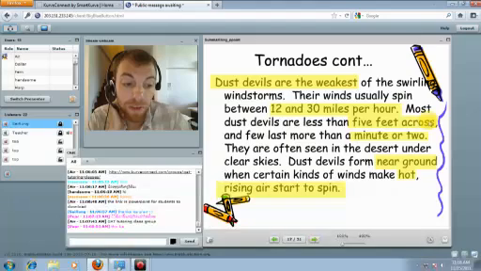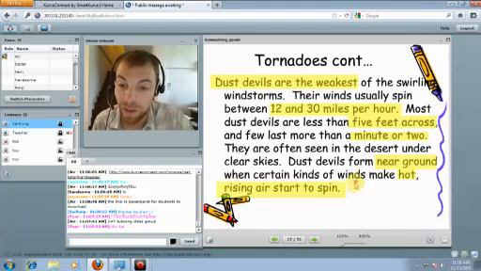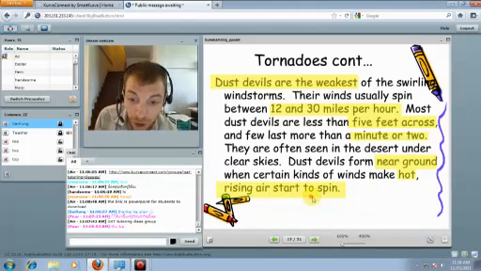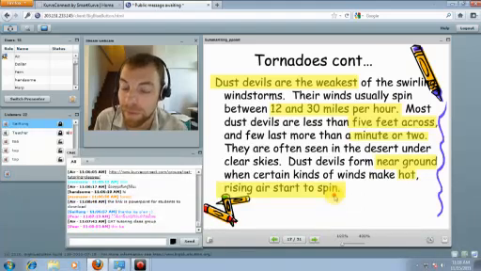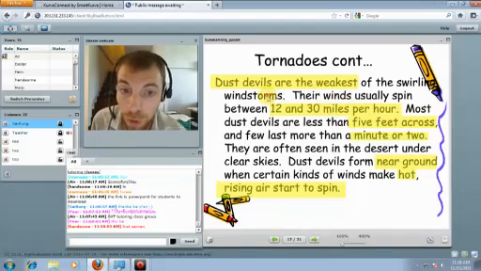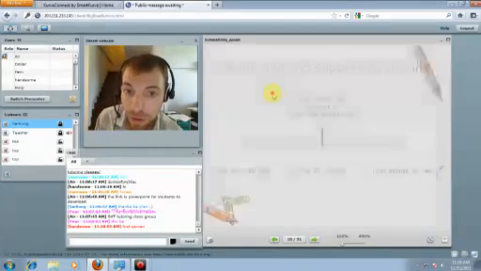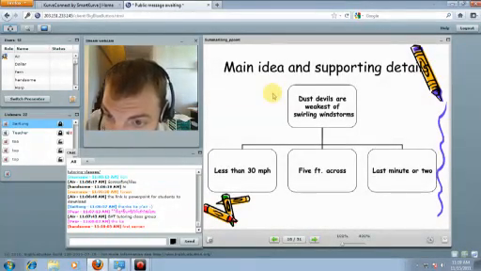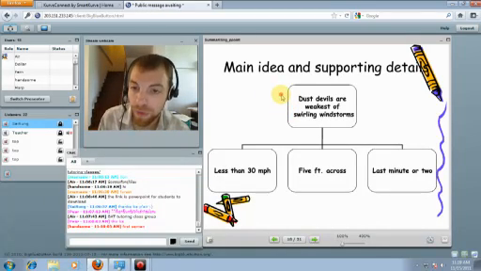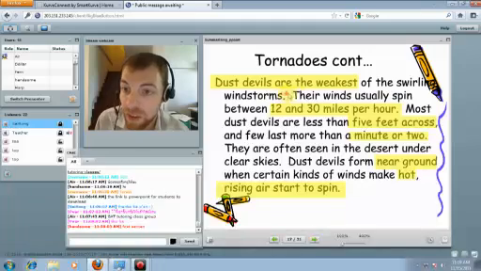What do you think? Any ideas? Is it maybe hot rising air? No, I don't think so. Well, let's find out. Easy. So, dust devils are the weakest of the swirling windstorms.